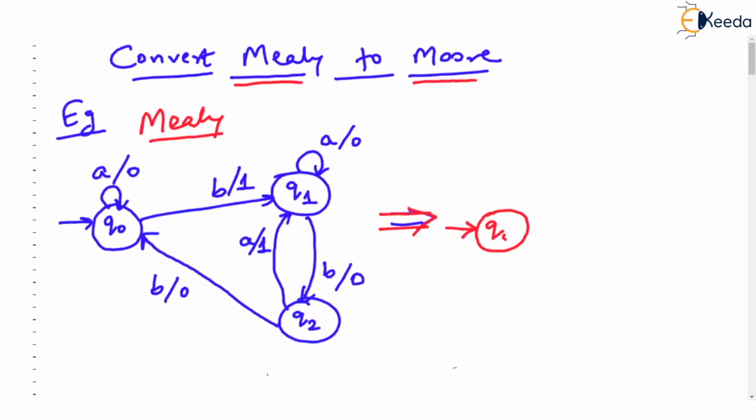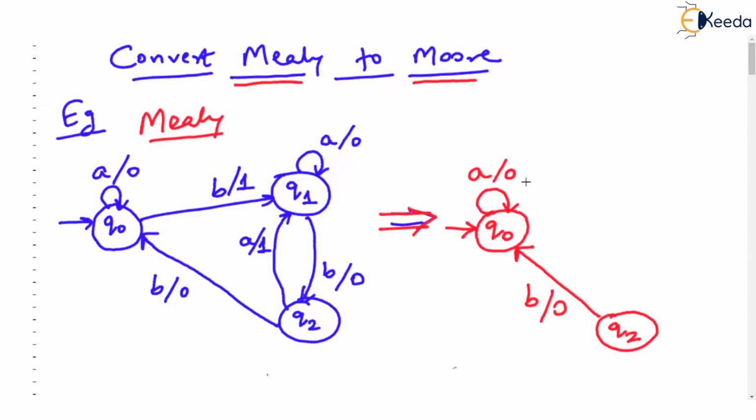Check the Q0 state. Now you observe that there are two transitions coming into Q0. First is labeled as A/0 and second is coming through Q2, labeled as B/0.